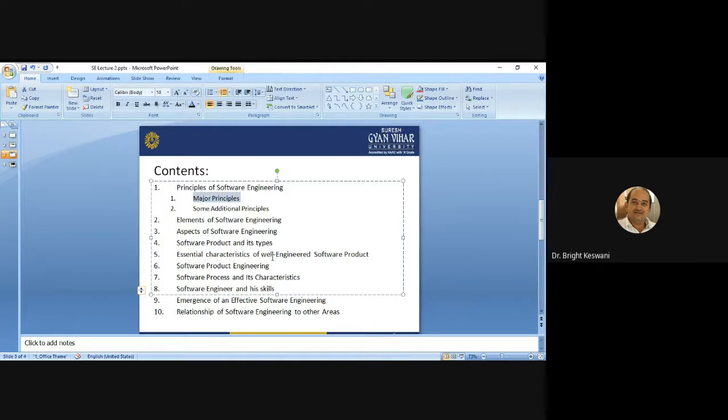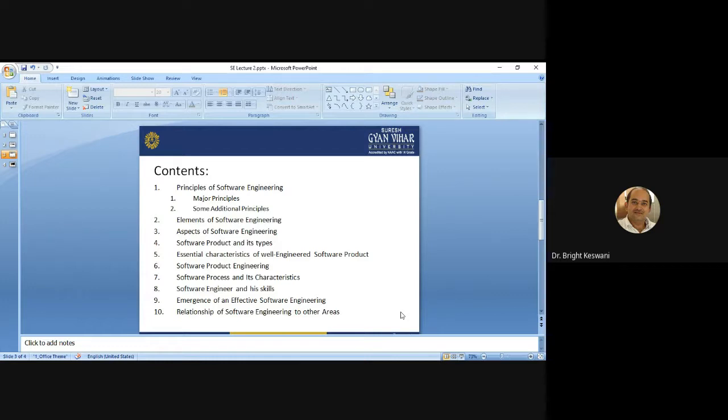You have to follow each and every module, each and every concept of software engineering in a religious manner. Then the last major principle, the 15th, is take responsibility. You should take the entire responsibility. You should work like a leader, not like a worker.